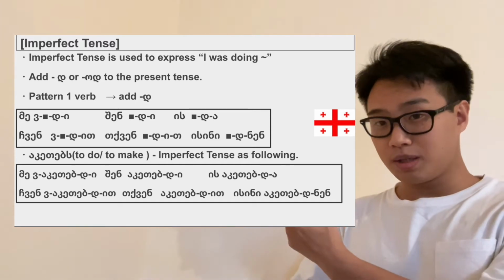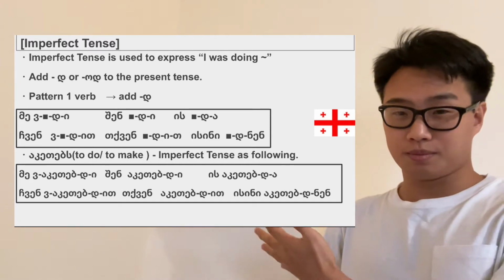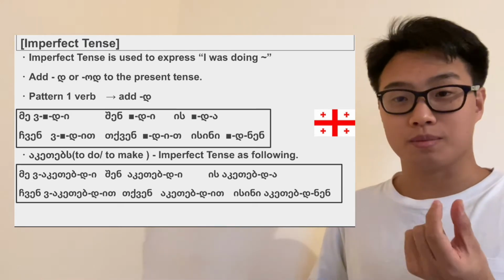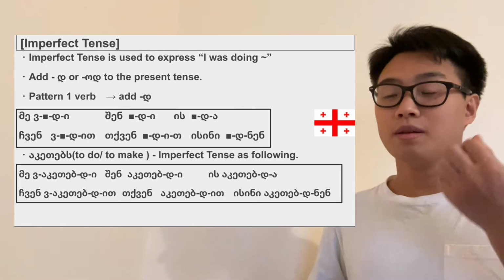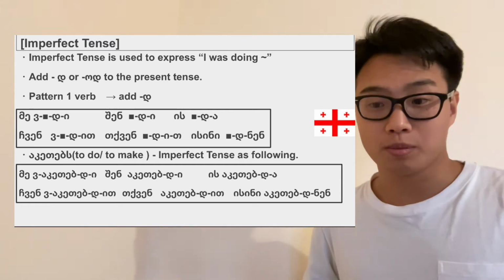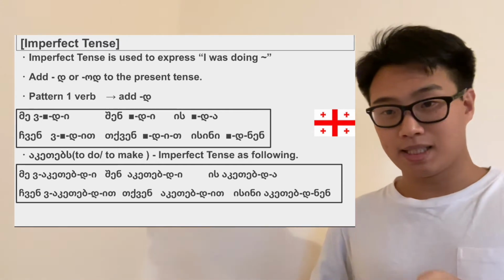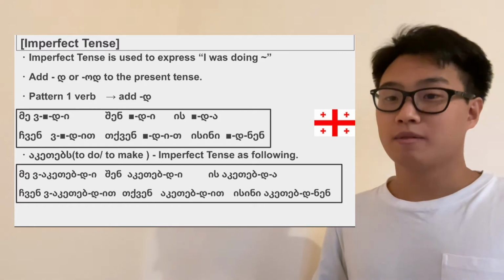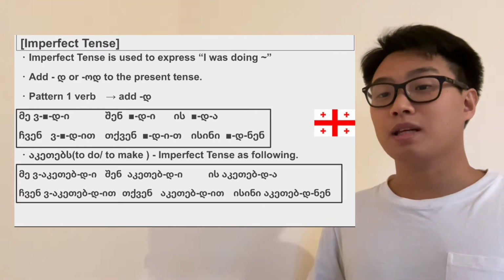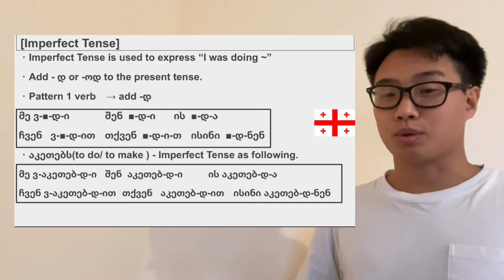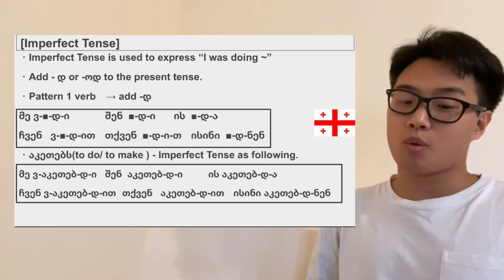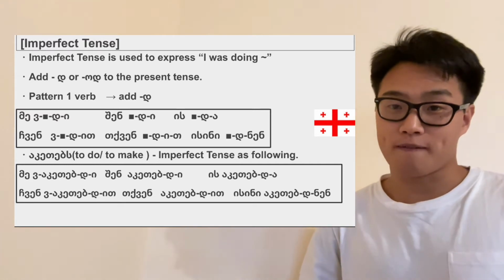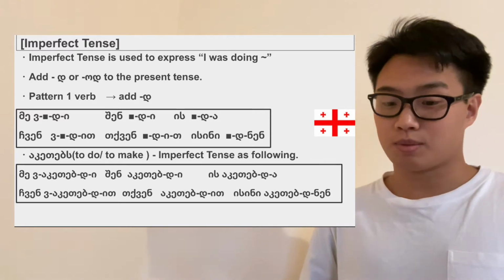So me vaketebdi and chven vaketebdit. Shen aketebdi, tkven aketebdit, right? And that's it. And the third person plural forms, isini, they, aketebdnen, aketeb, verb root, di, and nen, aketebdnen. They were doing, they were making. So this is how we make the imperfect tense for pattern 1 verbs. It's simple, I think, rather.